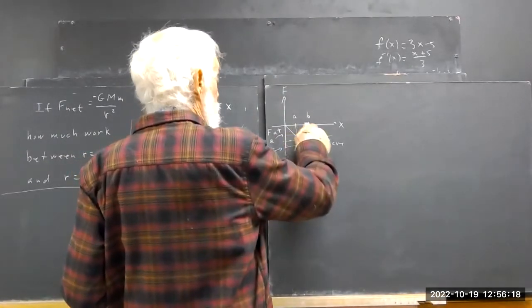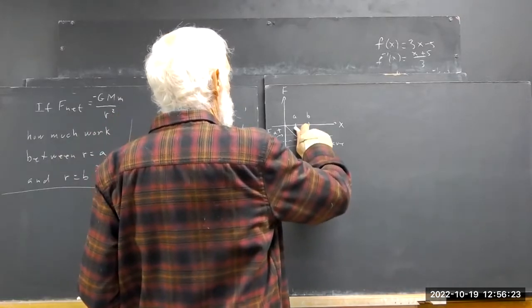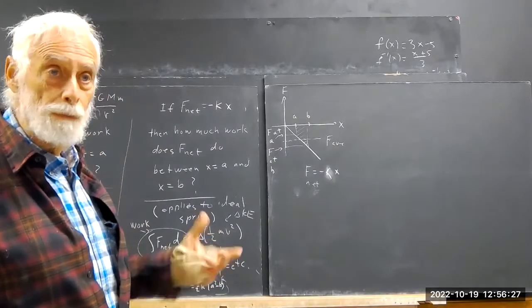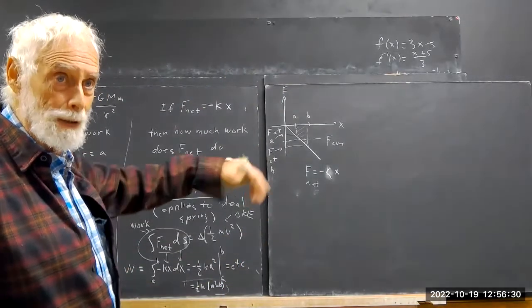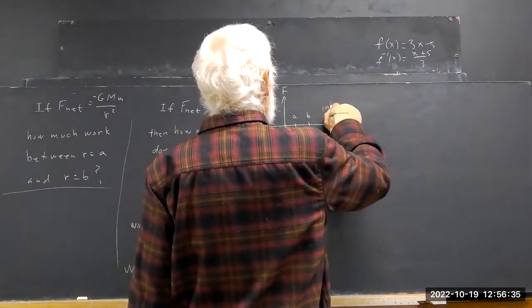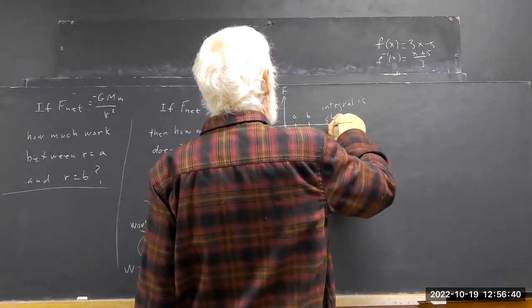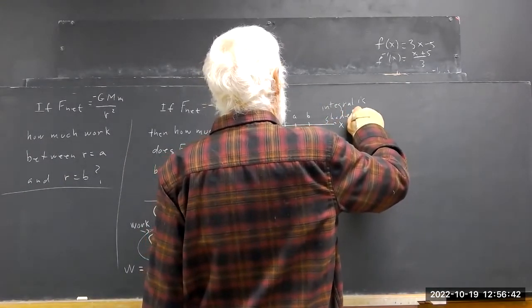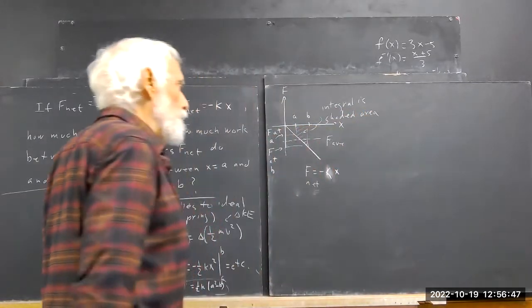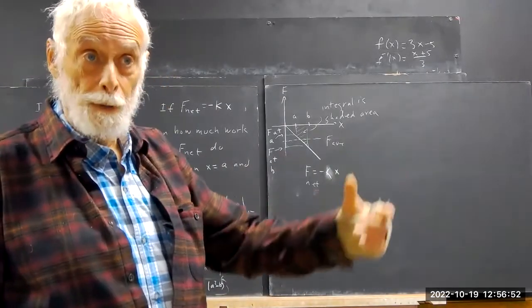We integrate from A to B. Well, the integral is just the area under the curve, or above the curve in this case. That means a negative area. Okay. You know, the calculus interpretation of an integral as an area.